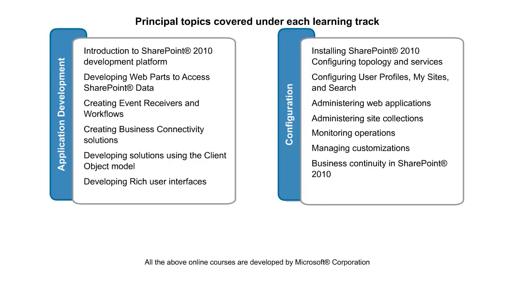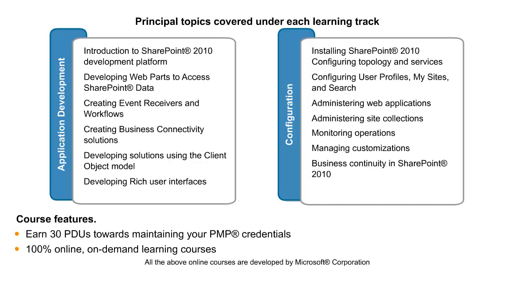Please take a minute to go through the lessons listed on the screen to understand what they are. Please note that both these on-demand online courses are developed by Microsoft Corporation and made available to you 24/7 by Simplilearn. In the next section, we will focus on some of the Microsoft Certified Technology Specialist certification paths available.